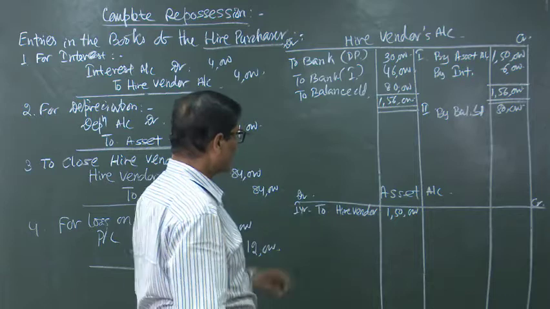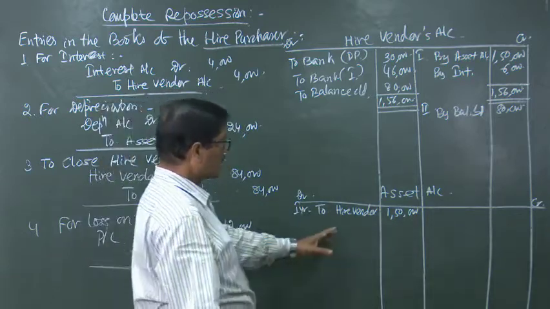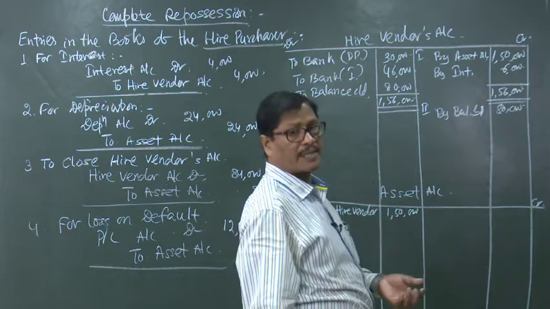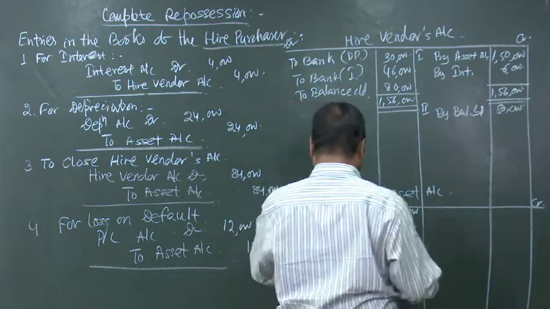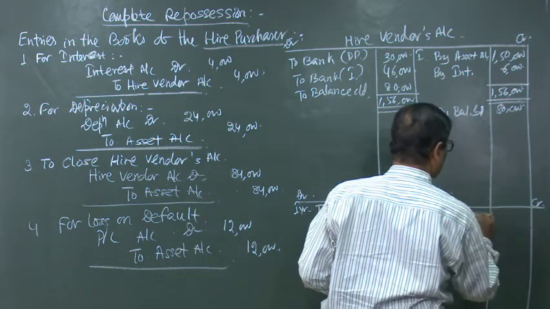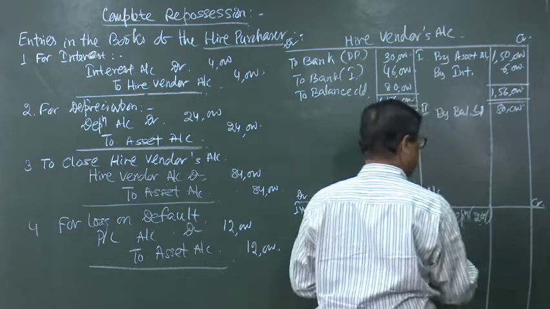Similarly, coming to the asset account, it was purchased for 1,50,000 at the beginning of the first year. So at the end of the first year, depreciation must have been charged: by depreciation at the rate of 20%, which means 30,000.